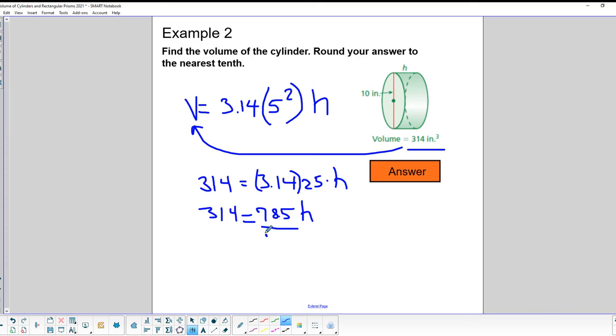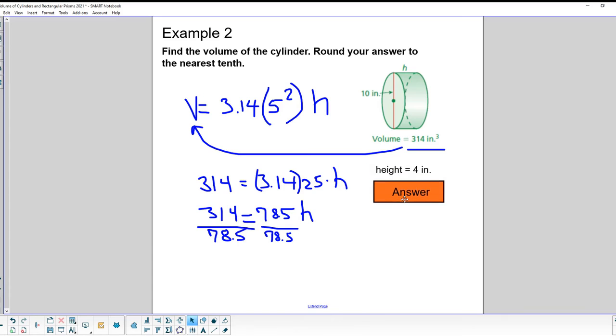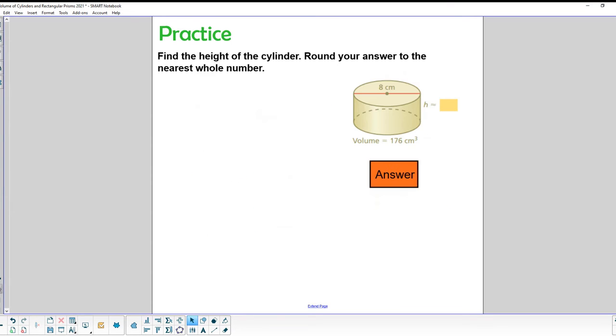So then we're going to divide both sides by 78.5. And this will give us the height of our cylinder. So what we're learning here is that if we have enough information and we know what the formula is for the volume of a cylinder, we can figure this out. We can find different dimensions depending on what they give us. So in this case, we actually found height because they gave us the volume.